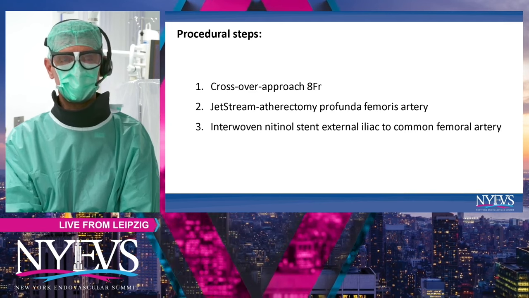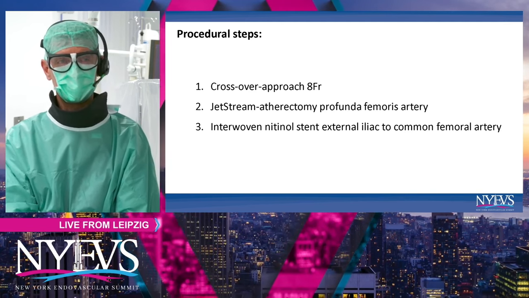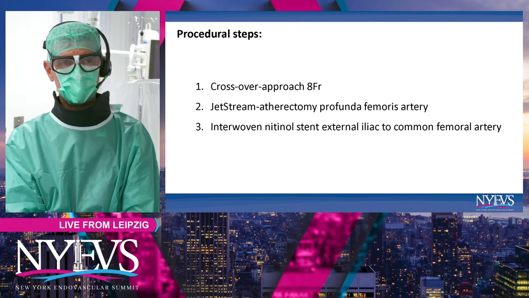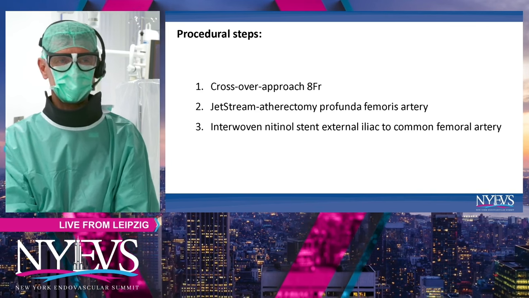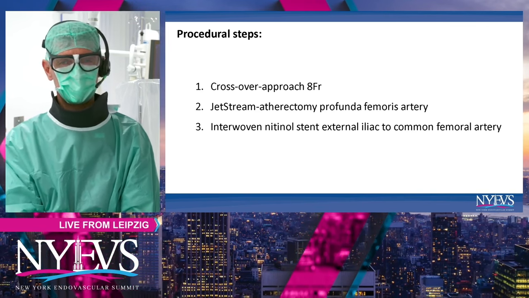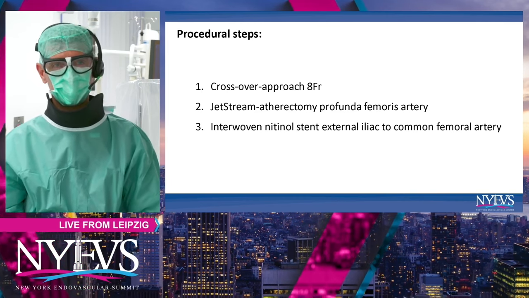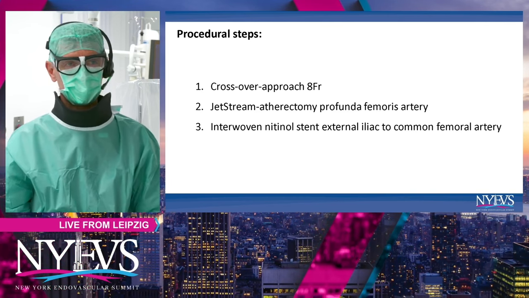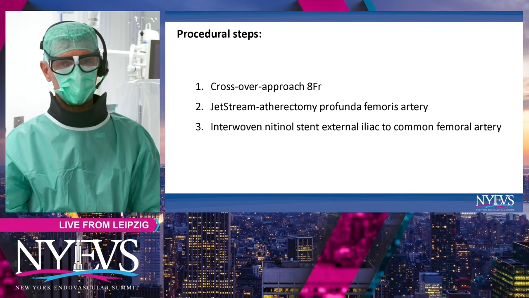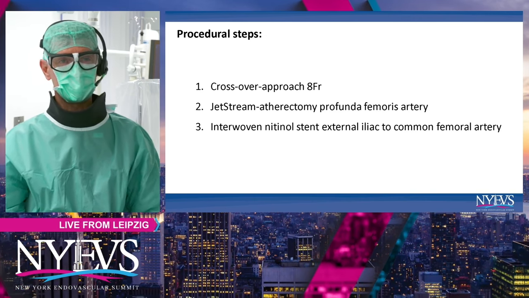7 French would be enough for any atherectomy device, but we are planning the jet stream atherectomy, and sometimes the filter is so blocked and filled that it may be difficult to get out of the 7 French again. Therefore we thought to start with an 8 French.